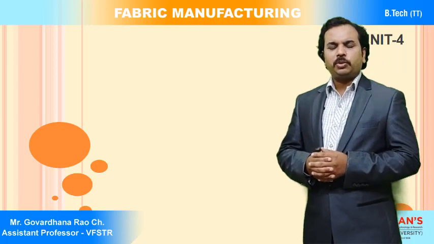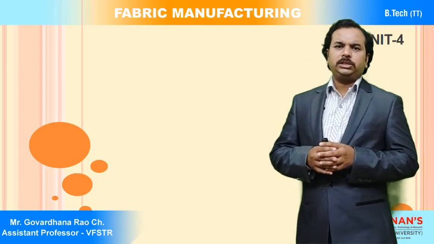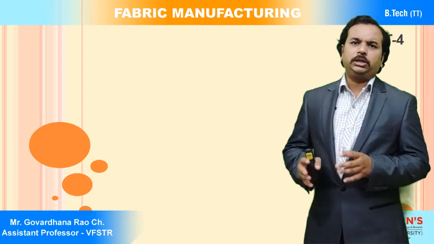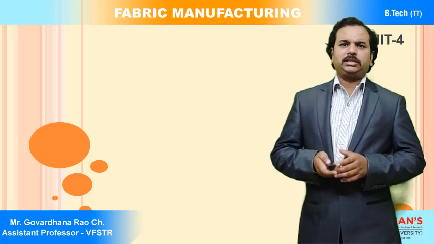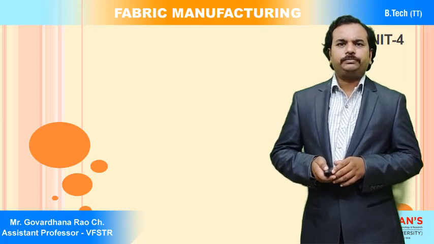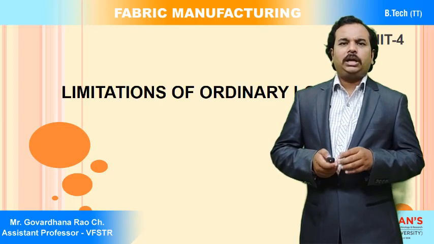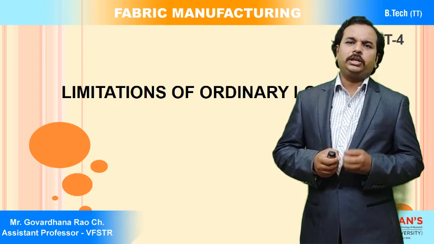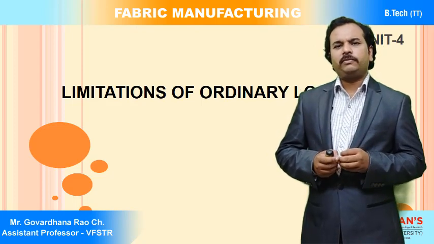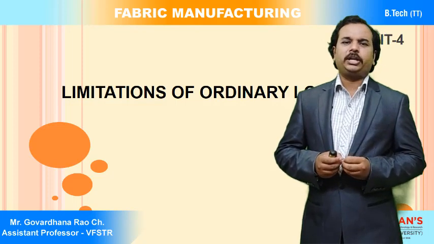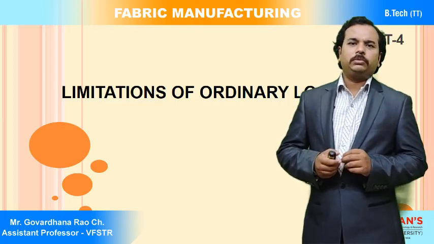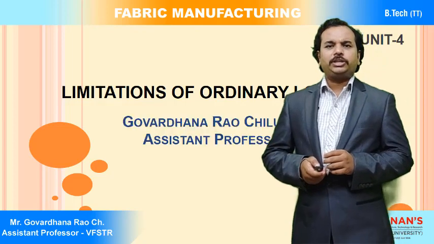That is why there is development from one technology to the next. So in this session, let us discuss the limitations of an ordinary loom, or you can say the limitations of a shuttle loom.